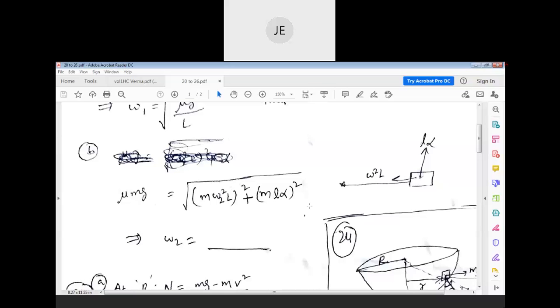From where did we get this? Because the tangential acceleration A is equal to L into alpha, or R into alpha. There is a relation. Okay, tangential acceleration A is equal to R alpha. So from there we got this m L alpha. Here L is the radius actually.